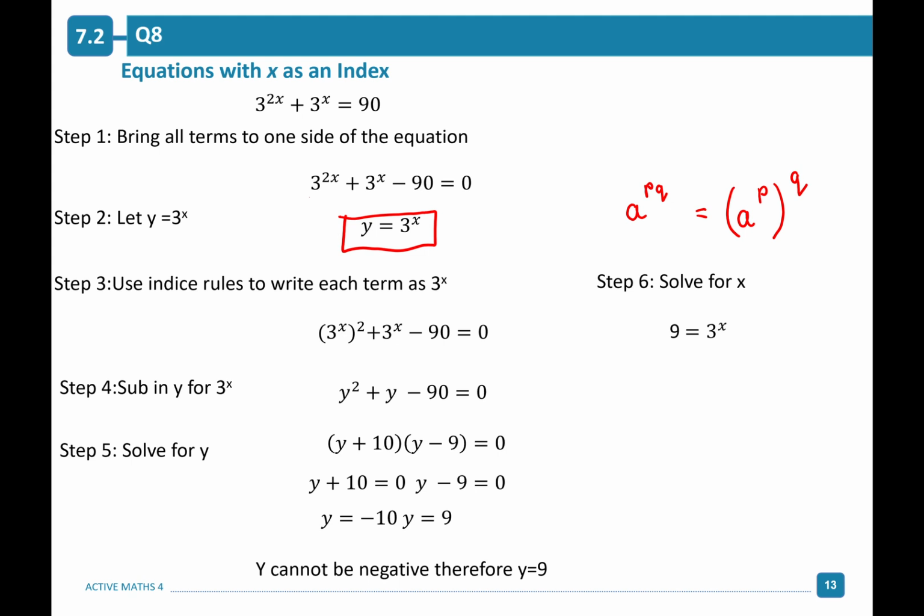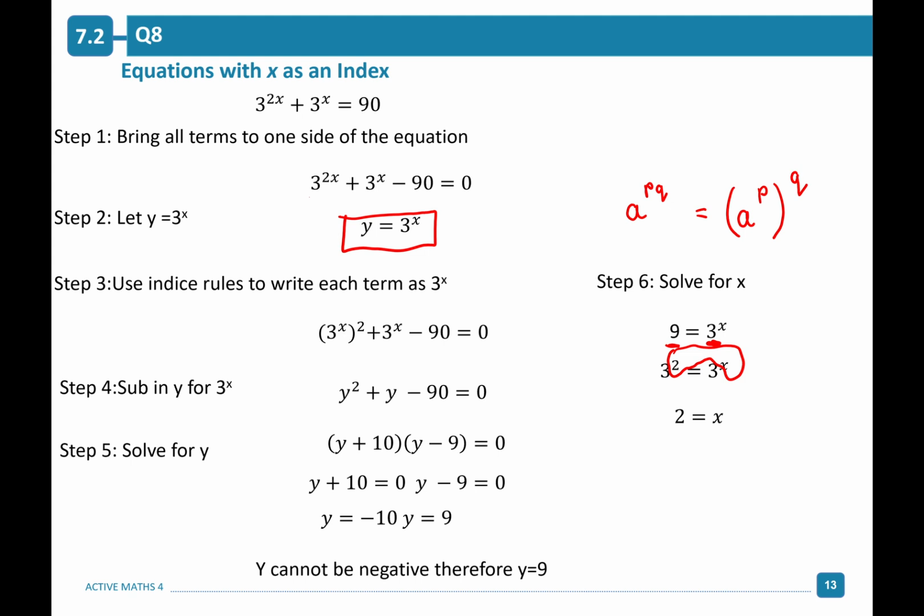To solve for x, we go back to the steps that we were looking at yesterday and the day before. We need to write both terms with a common base. So 9 is the same as 3 squared. We then equate our exponents. So 2 is equal to x.